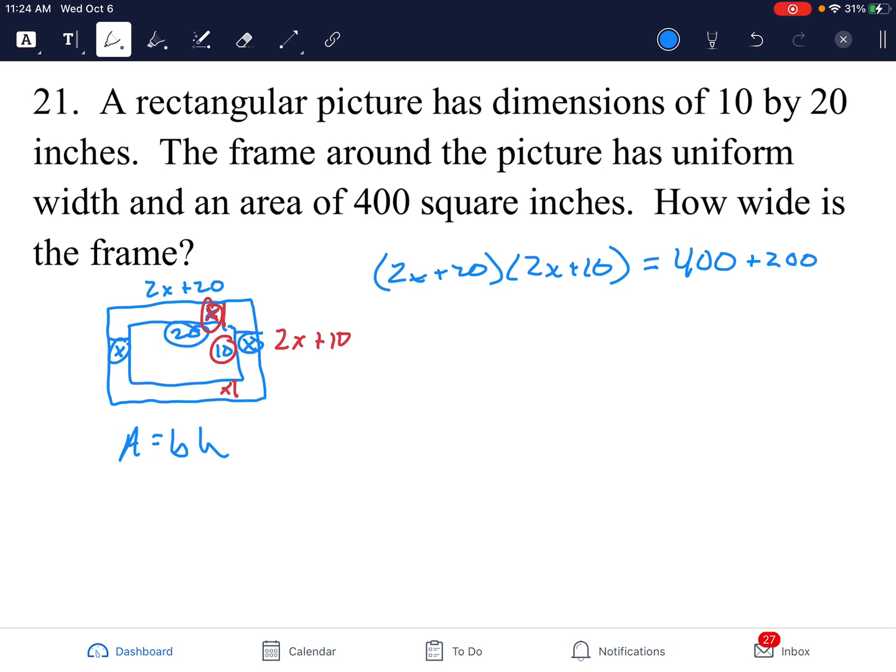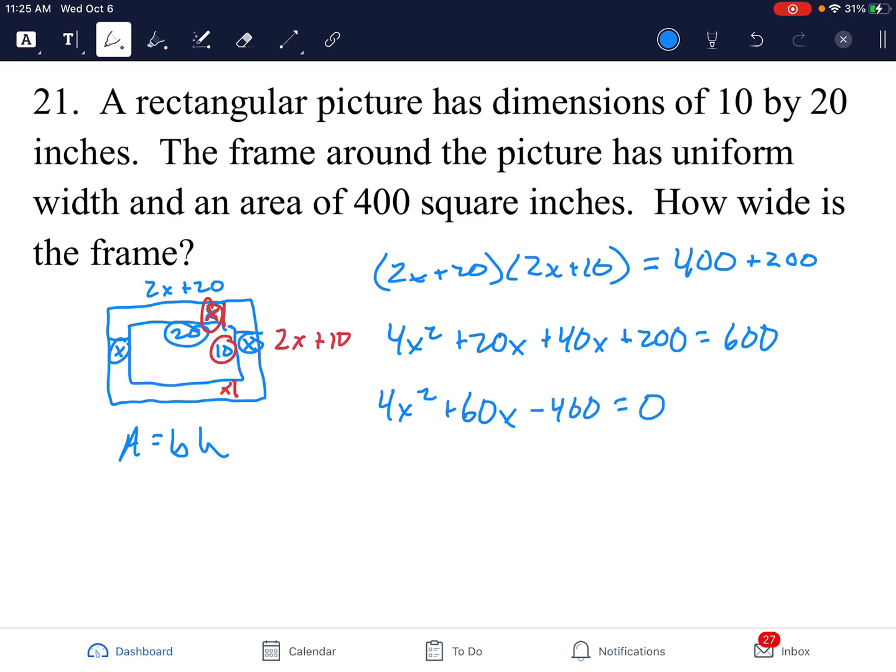I got the 200 by multiplying 20 times 10. So if I multiply the stuff on the left, the 2x plus 20 times the 2x plus 10, I get 4x squared plus 20x plus 40x plus 200 equals 600. If I combine the like terms, I'll get 4x squared plus 60x minus 400 equals 0.